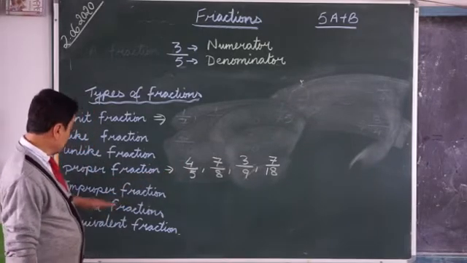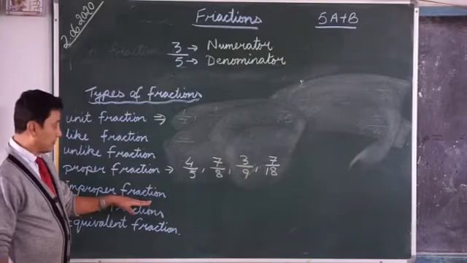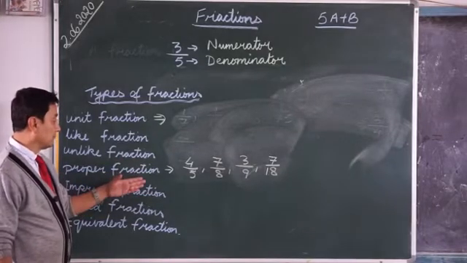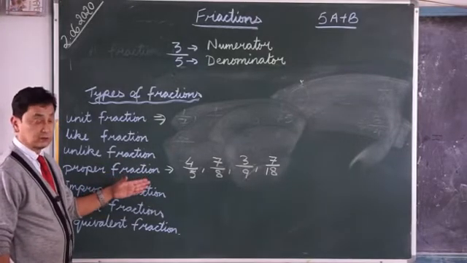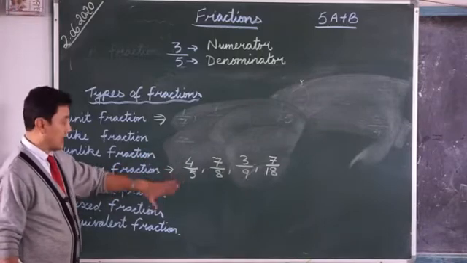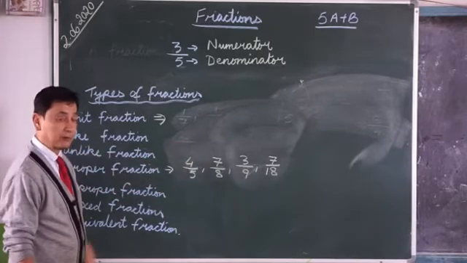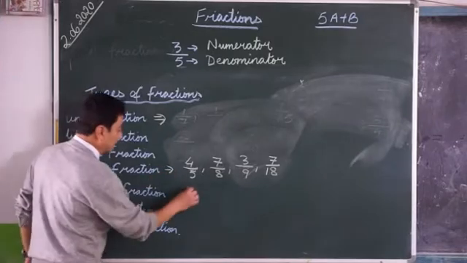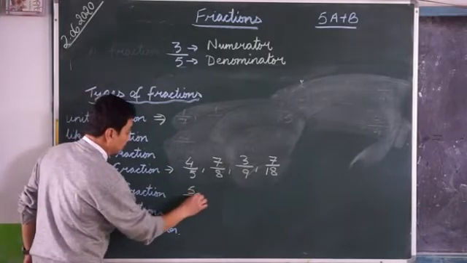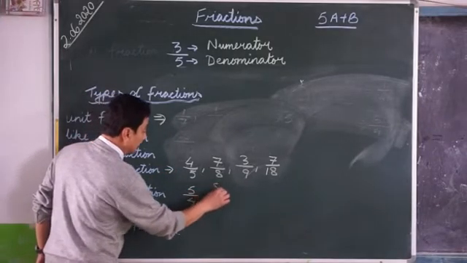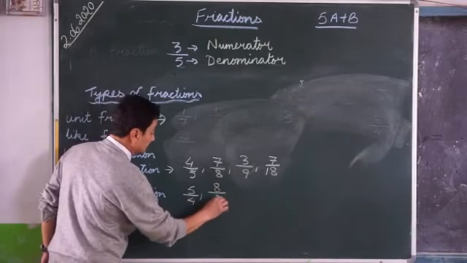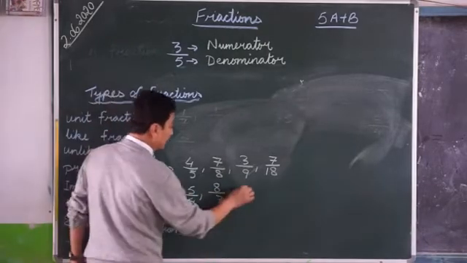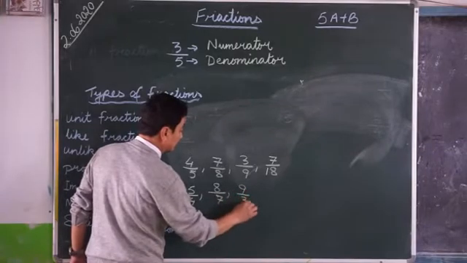Now, improper fraction. Improper fraction is just the opposite of proper fraction. Let me show you an example. I'll use the same numbers so you get a proper understanding. So we have 5 upon 4, 8 upon 7. Here we have 3 upon 9, 9 upon 3.